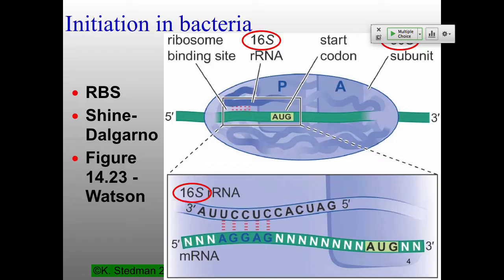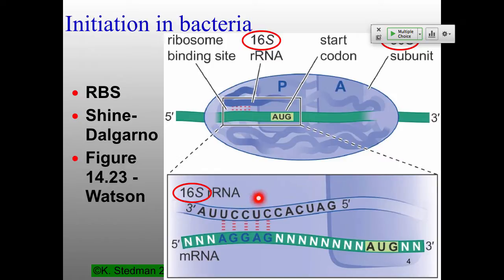So in the case of bacterial, but not in eukaryotic translation, you have a particular piece of your small subunit RNA right here, 16S, that's the small size, small RNA subunit, which has a specific sequence, 5' to 3', varies from bacterium to bacterium. And in this sequence, you have a completely conserved sequence, which is then complementary to what's called the Shine-Dalgarno sequence, also known as the ribosome binding site.